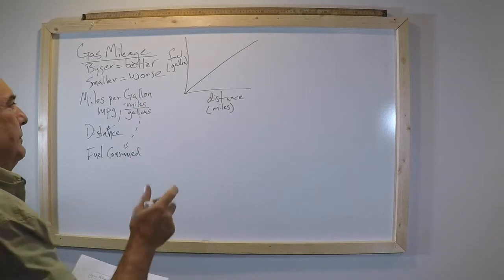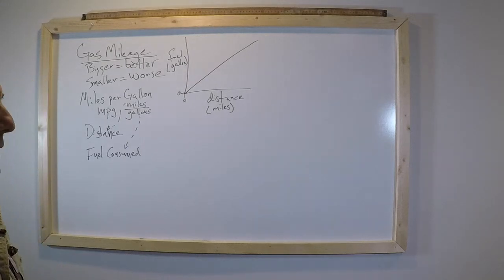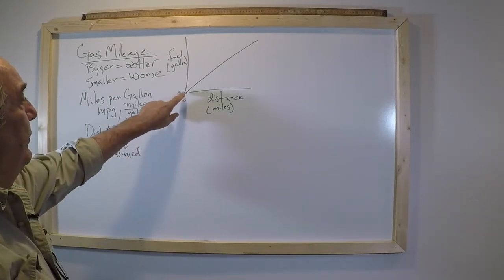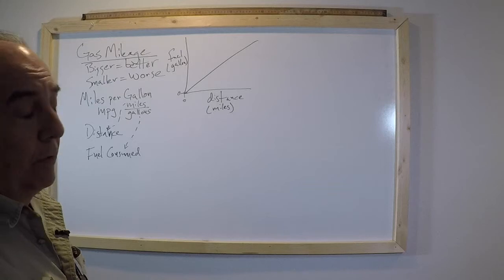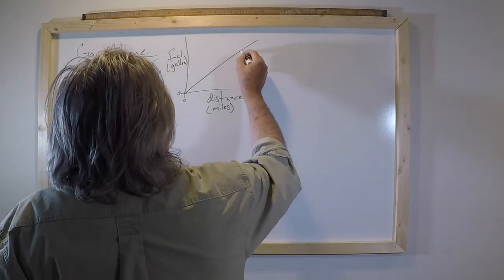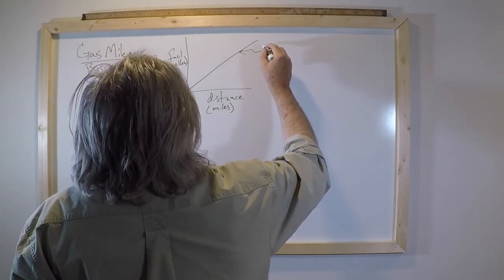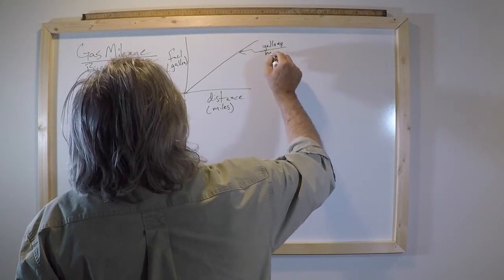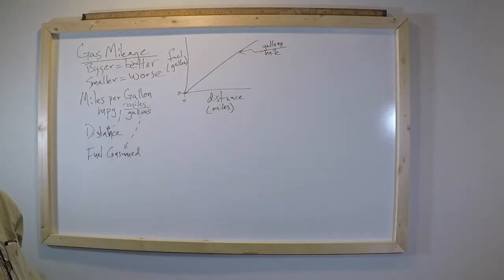For completeness, this is 0 and this is 0. So if we go 0 miles, we don't use any fuel. As we go more miles, we use more fuel. And the slope of this line is, sorry, gallons per mile. It's the inverse of miles per gallon, but it still makes more sense to do it this way.